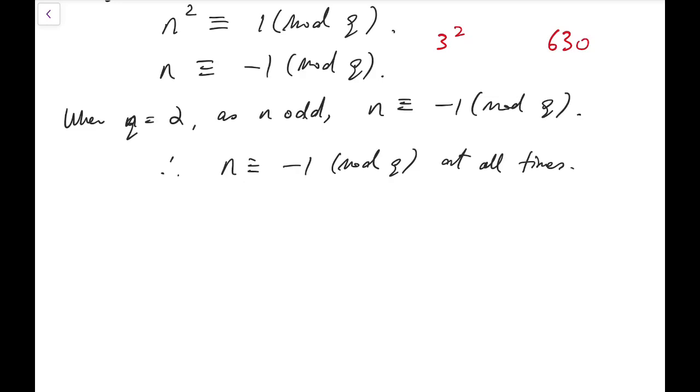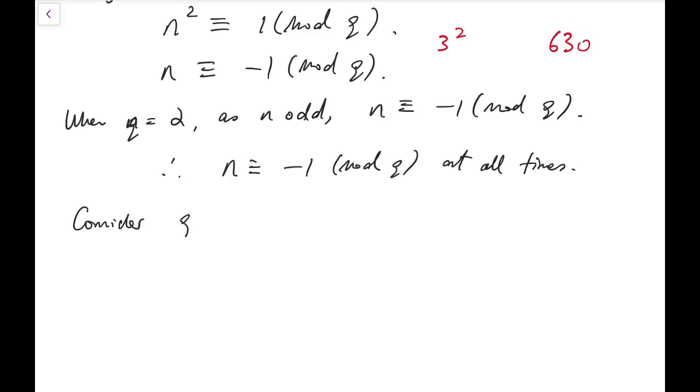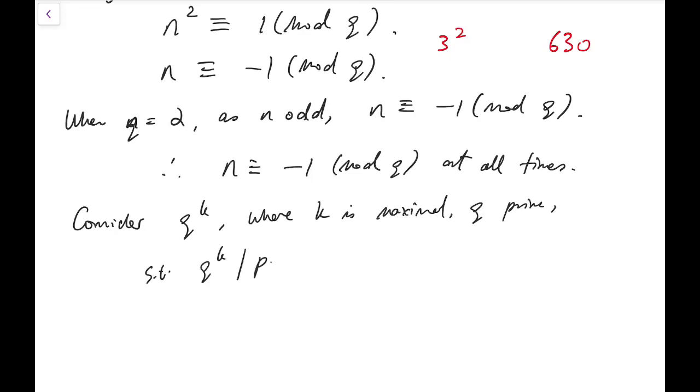So I'm not just considering mod 3, but mod 9, just for this example. So I'm going to consider q to the k, where k is maximal and q is prime, such that q to the k divides p plus 1.